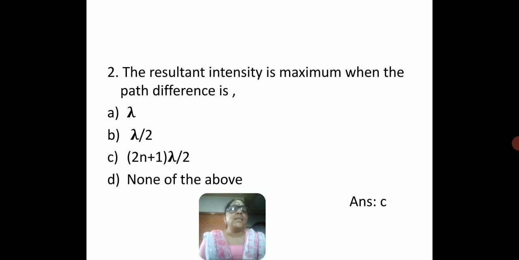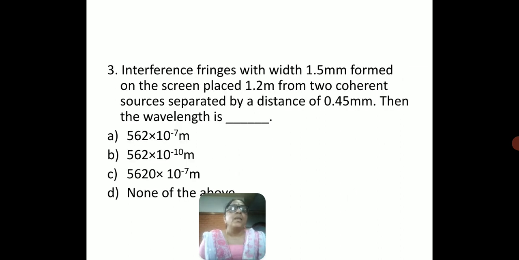So the answer is C. And now, interference fringes with a width 1.5 mm are formed on a screen placed 1.2 meter from two coherent sources separated by a distance 0.45 mm. Then the wavelength, so again lambda is equal to beta d by D. Then you get the answer A, 562 into 10 raised to minus 7 meter.